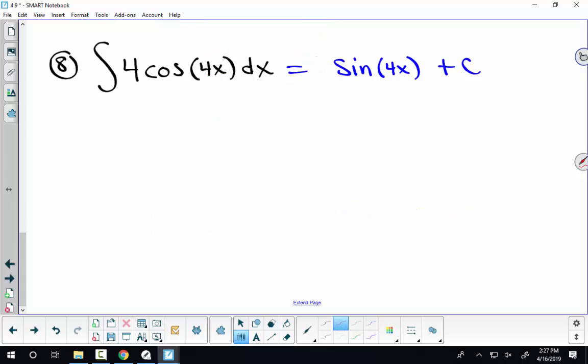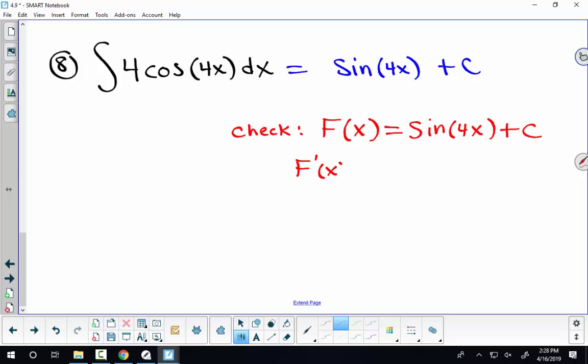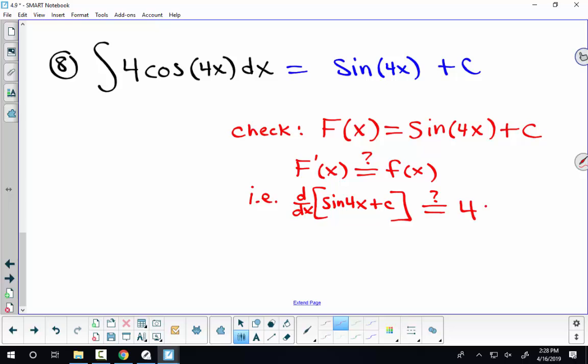So here we go, let's check. Our claim is that the antiderivative is the sine of 4x plus c. So what we're checking is whether the derivative of that function is equal to the given function, which we'll call lowercase f of x. Is the derivative of sine 4x plus c equal to 4 cosine 4x?